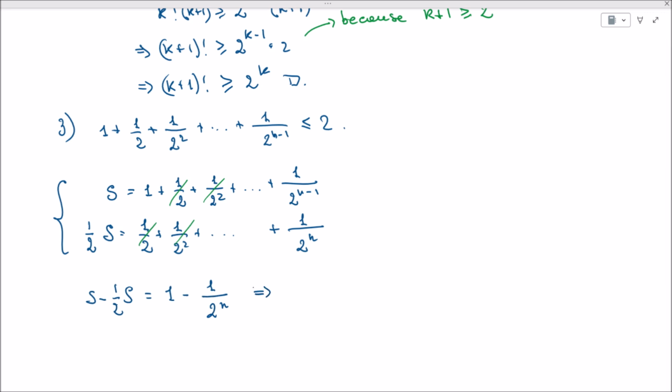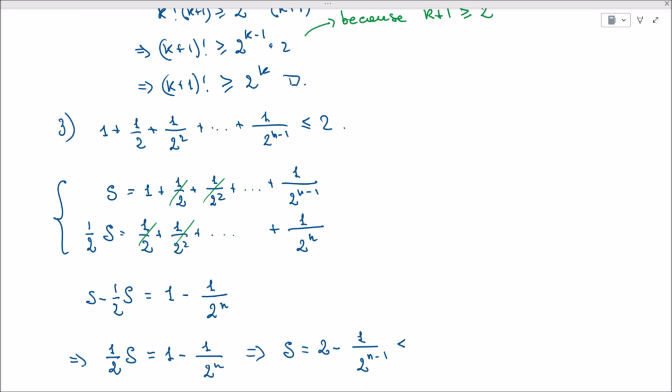But this is just like saying that the left hand side is just 1/2 s equal to 1 minus 1 divided by 2 to the n, which implies, by just multiplying by 2, that s is equal to 2 minus 1 divided by 2 to the n minus 1.